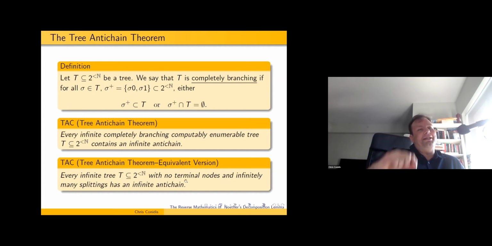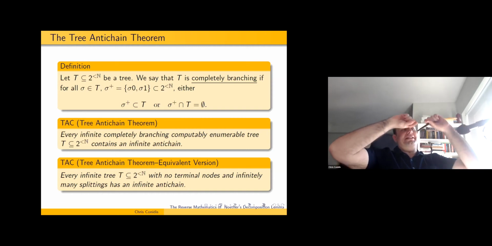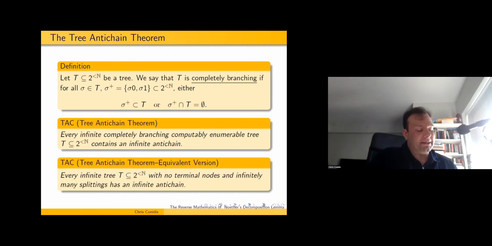You just keep extending everything, and then every once in a while you split in the second version. And so this computably enumerable thing just becomes no terminal nodes. You pad the thing out with these isolated paths as you go up.